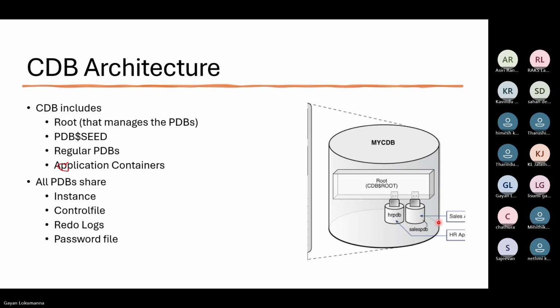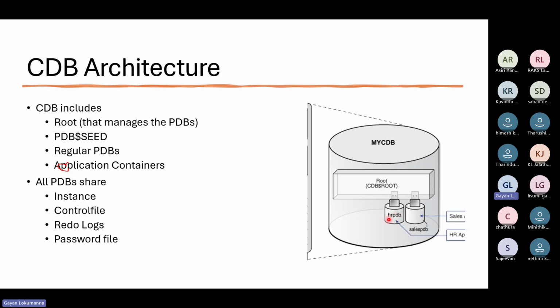Now, there is a bit of confusion or concern over how we really define the root. But as you rightly said, the common content, the common metadata, will always be stored on root. But if you take the HRPDB, it will have its own content.